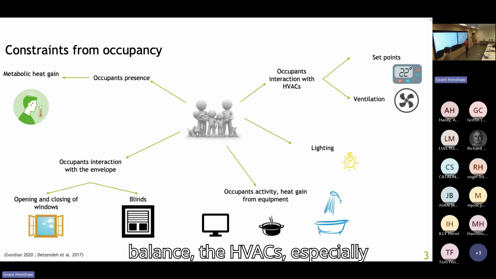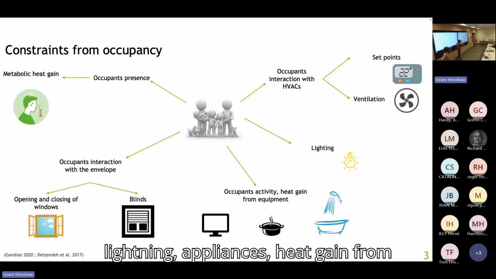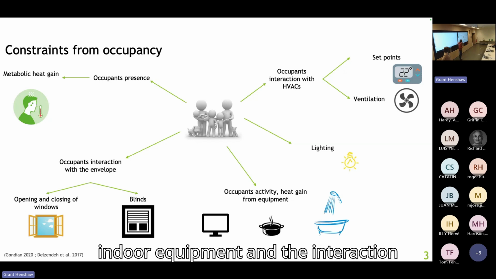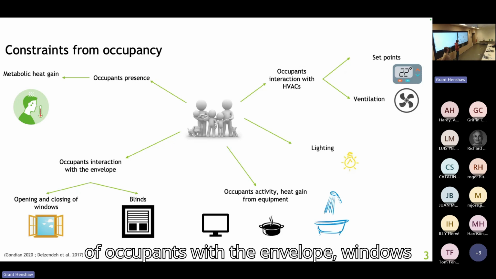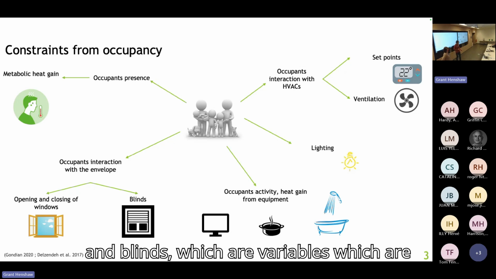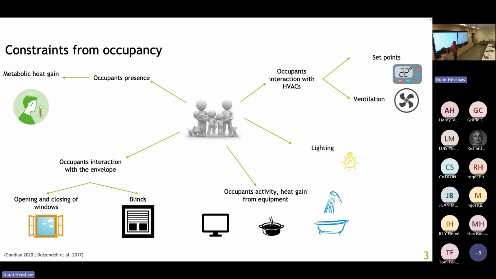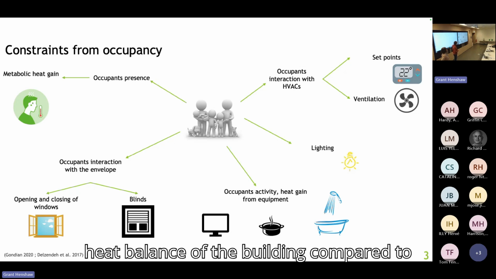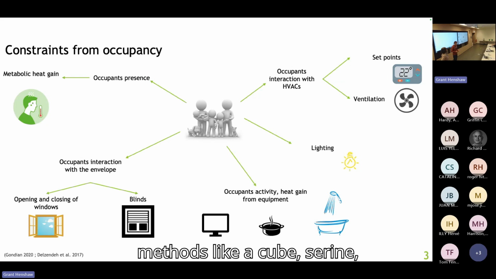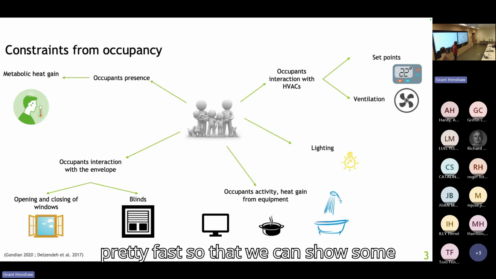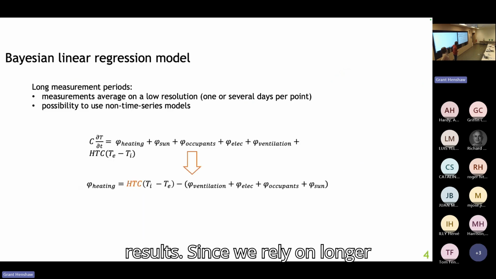The HVAC, especially the ventilation flow rates, lighting, appliances, heat gain from indoor equipment, and the interaction of occupants with the envelope, windows, and blinds, which are variables that are not often measured. So all these factors come in addition to the heat balance of the building compared to methods like QUB, Siréne, etc. I'm just going pretty fast so that we can show some results.